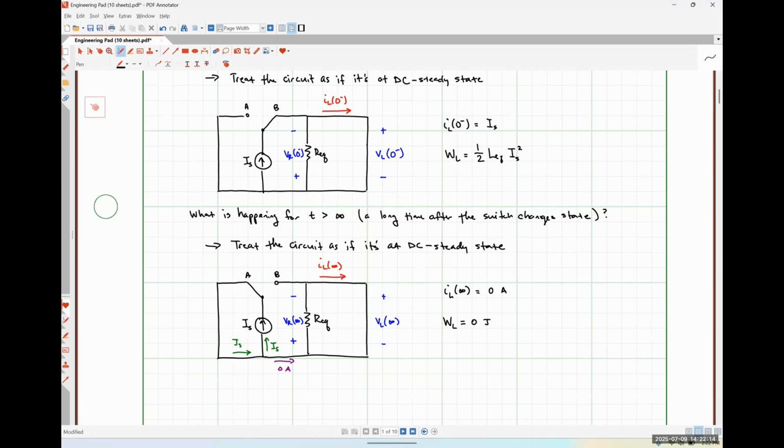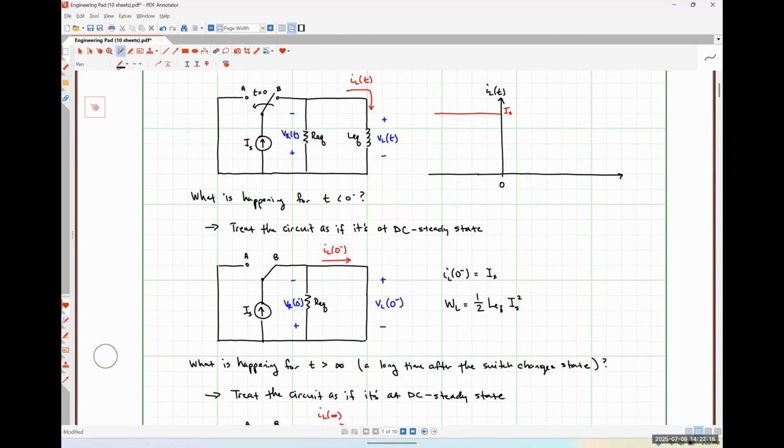If we go back to our graph up here, let's say that this point in time represents our engineering infinity. A long time after our switch has changed state, we should see that the current flowing through our inductor is 0. I'm going to make some annotations on this graph really quickly. Everything to the left of 0 is a DC steady state condition.